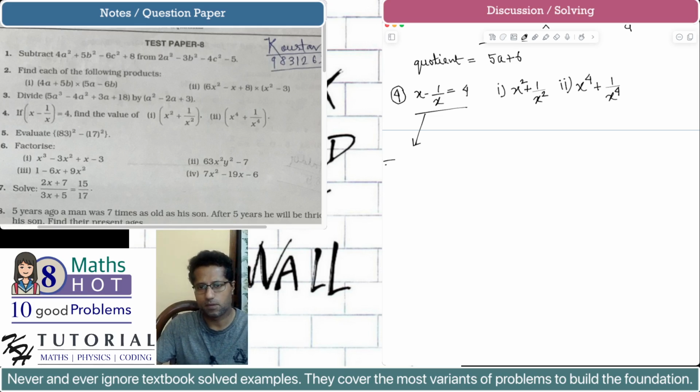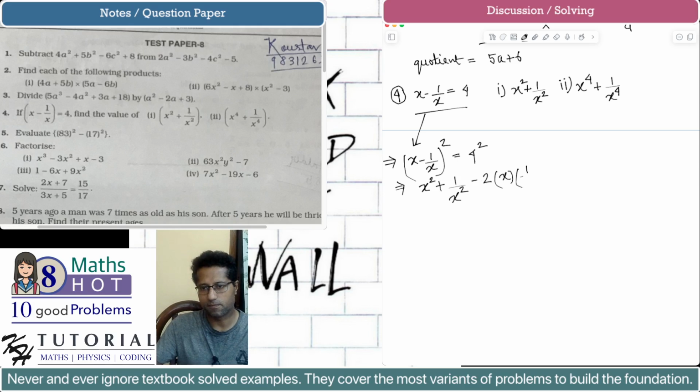We get, squaring both sides, x minus 1 by x. So I am squaring both sides of the equation x minus 1 by x is equal to 4. I get 4 square. So this implies if I apply the a minus b whole square on the LHS, I get x square, that is a square, plus b square, that is 1 by x square, and minus twice ab, that is minus 2, a is x and b is 1 by x, is equal to 16.